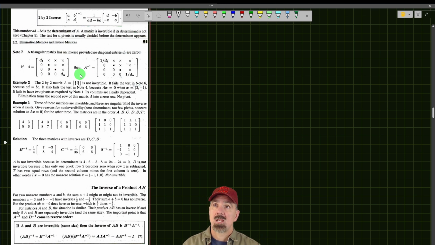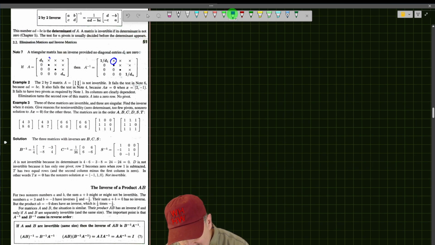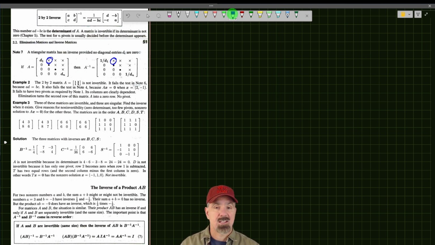He makes it seem like A inverse is just taking the reciprocal of the elements along the diagonal. That is incorrect. So we will take the reciprocal of the elements along the diagonal. What is not being said explicitly here is these values are not the same. So he is just using that x as a placeholder for some non-zero value. It is not the same value.